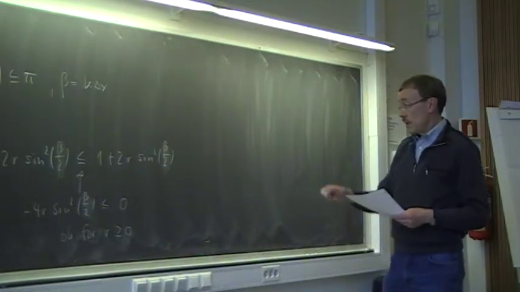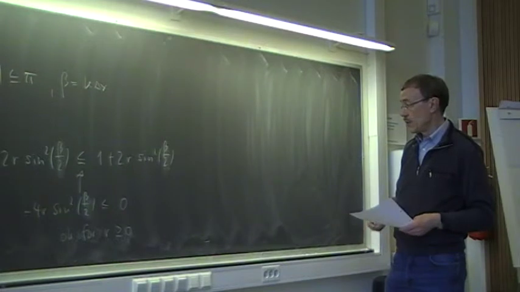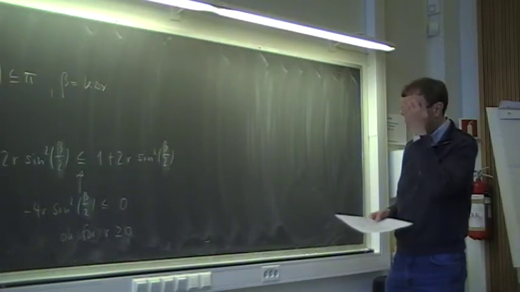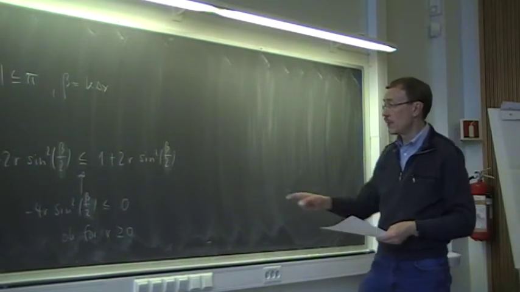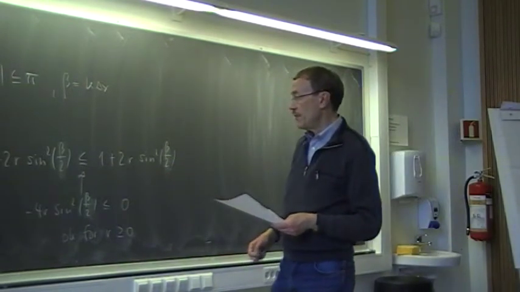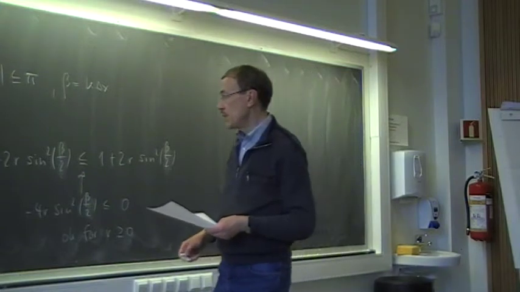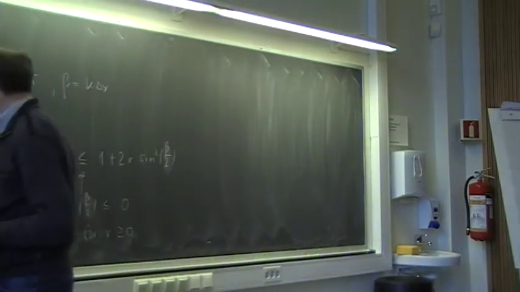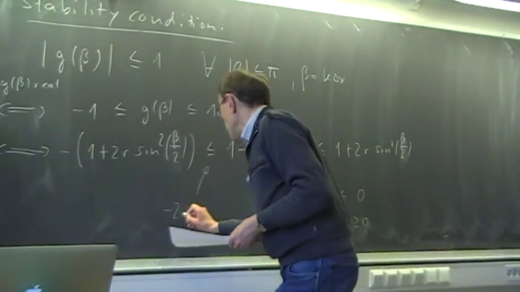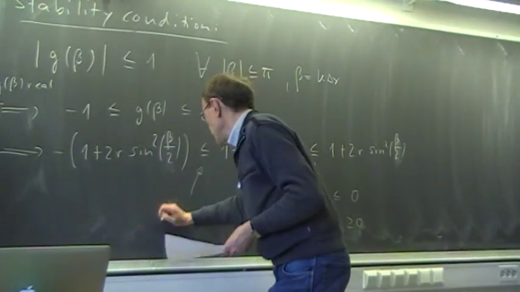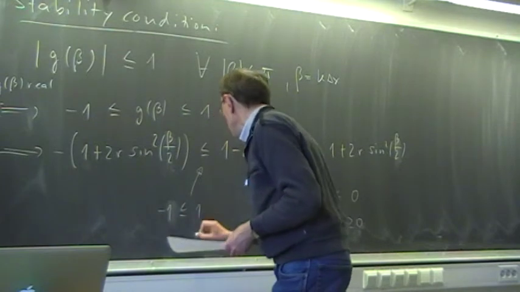So then the argument is still okay. The r, the diffusion number, has to be greater or equal than 0, so this is okay. On the left-hand side, with the minus here, this vanishes, and then this is equivalent to saying that minus 1 is smaller or equal than 1.